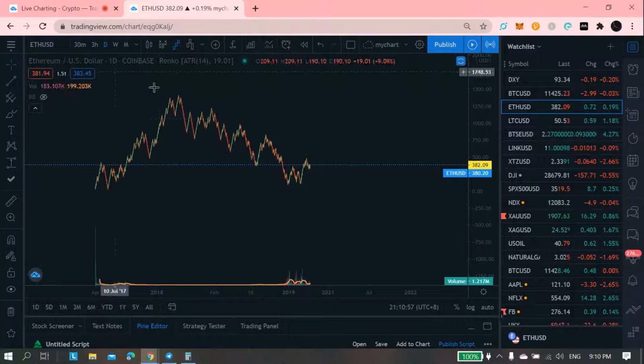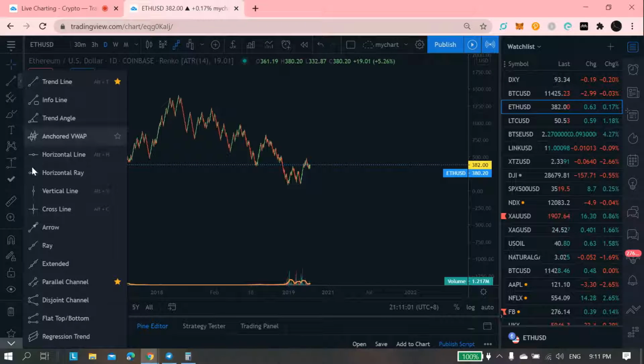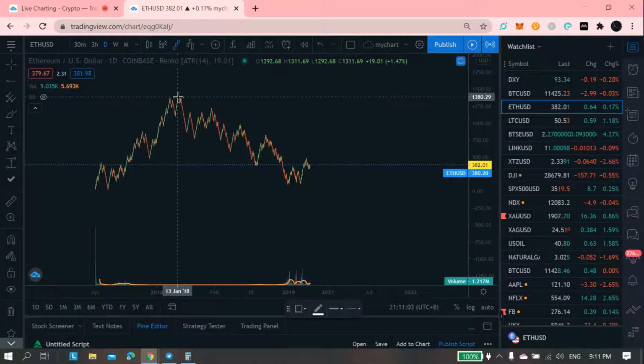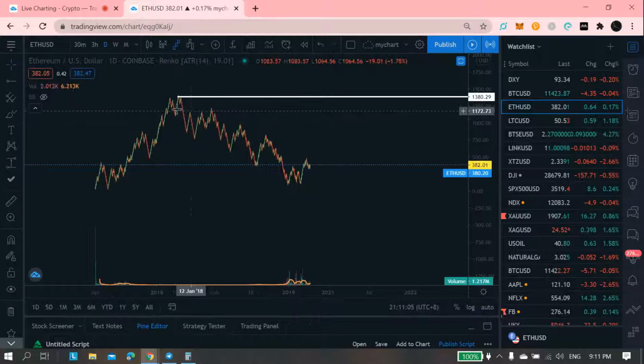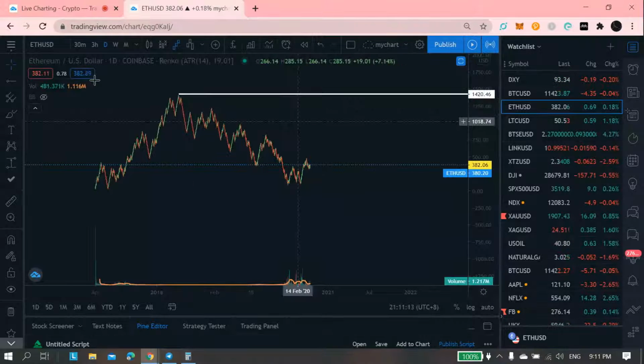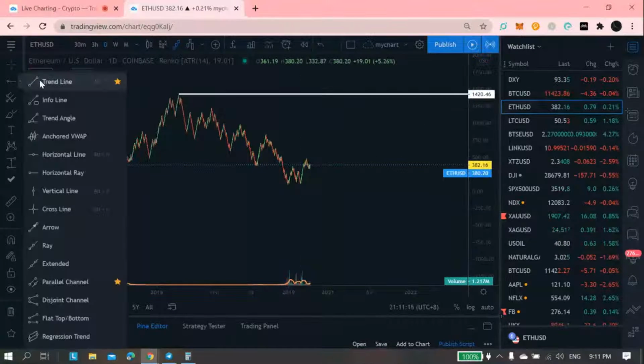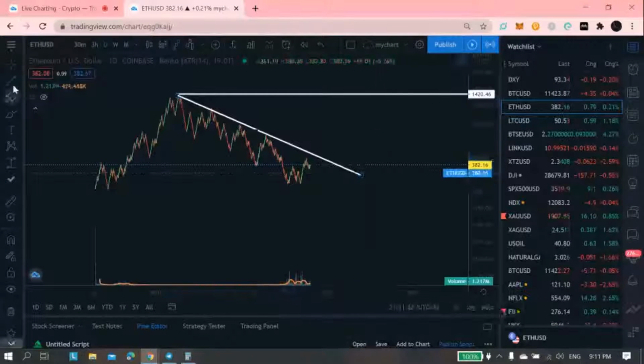The all-time high of ETH is actually around the 1,400 area, I think. Let's check on it. There, it also moved in a downtrend channel, like Bitcoin did.